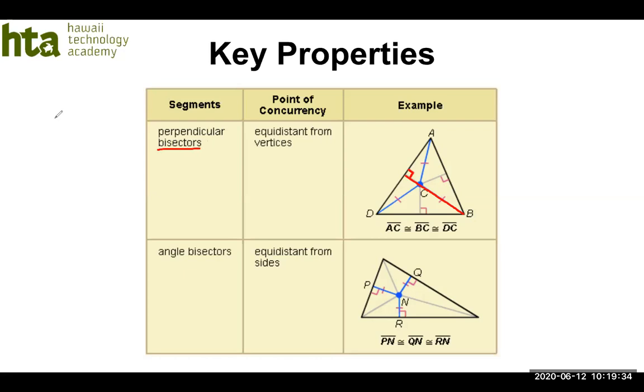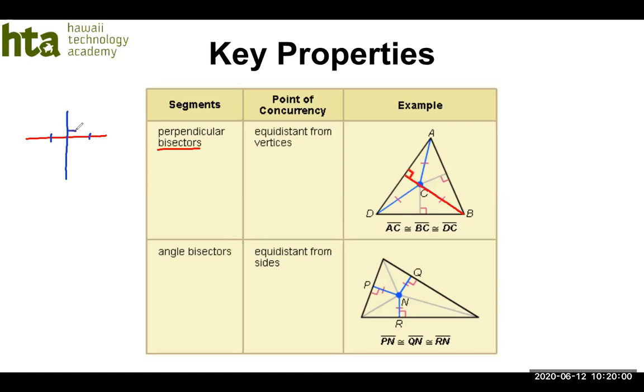So it doesn't matter if you're talking about an angle or a segment or a line. If I have a segment and I cut it in half, I use the markings for congruent. So this side is congruent to this side because of that marking right there. That's called a bisector. Okay, so if I have a red line and I cut it in half with a blue line, then the blue line is the bisector.